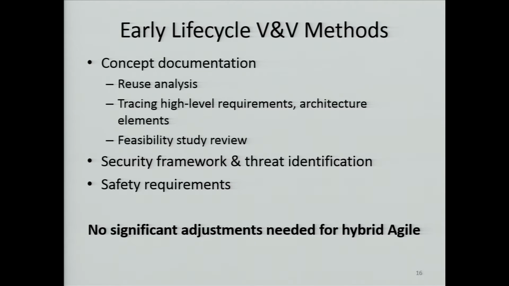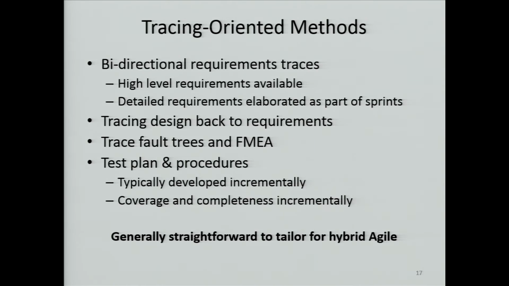So the early life cycle methods deal with analysis of concept documentation, security framework, safety requirements, and those are requirements-based things, and no significant changes are needed in that. That's a lot of the stuff that is done, but it's also stuff that's fairly easy to do. In the middle are tracing-oriented methods, and those are things where there's a bi-directional trace: when a piece is implemented, I can trace it backwards to where the requirements for it came from.